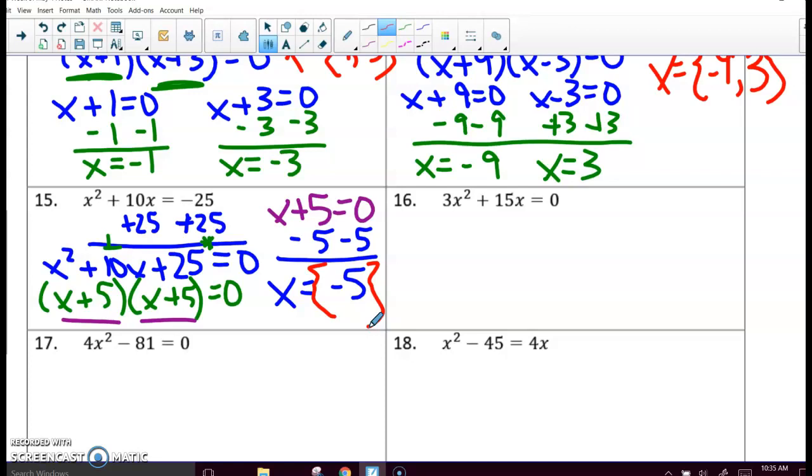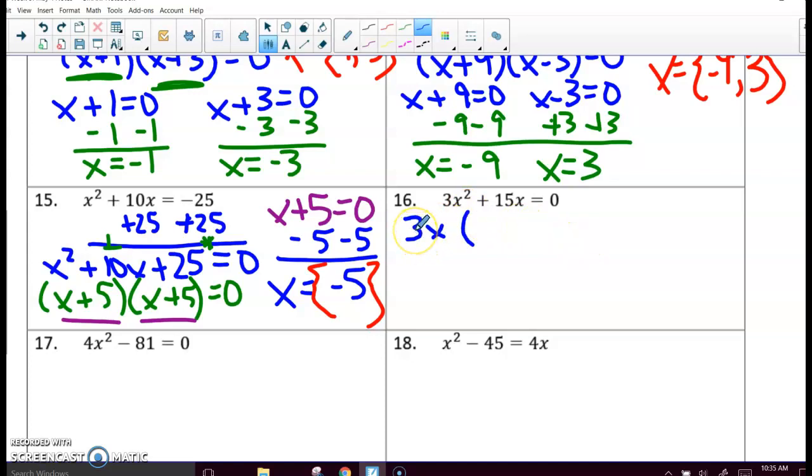Let's look at number 16. As you can see, our equation is set equal to 0. So let's factor the left-hand side. Always, always look for your greatest common factor first. 3x squared plus 15x. I can see that I have a greatest common factor of 3x.